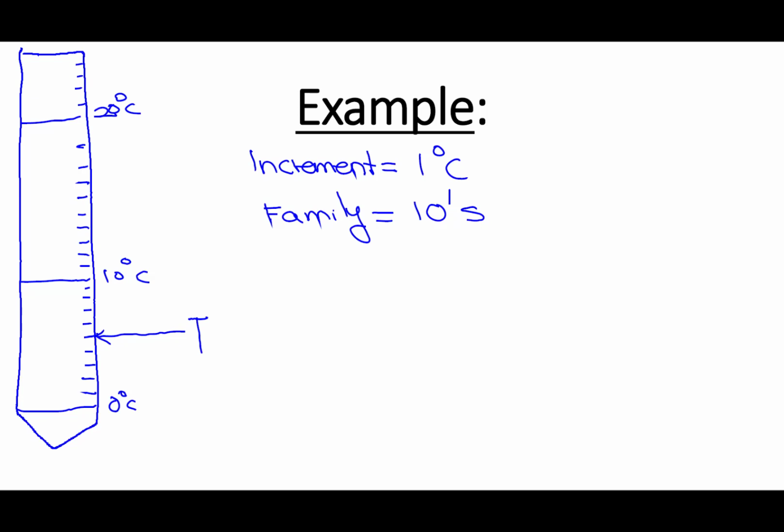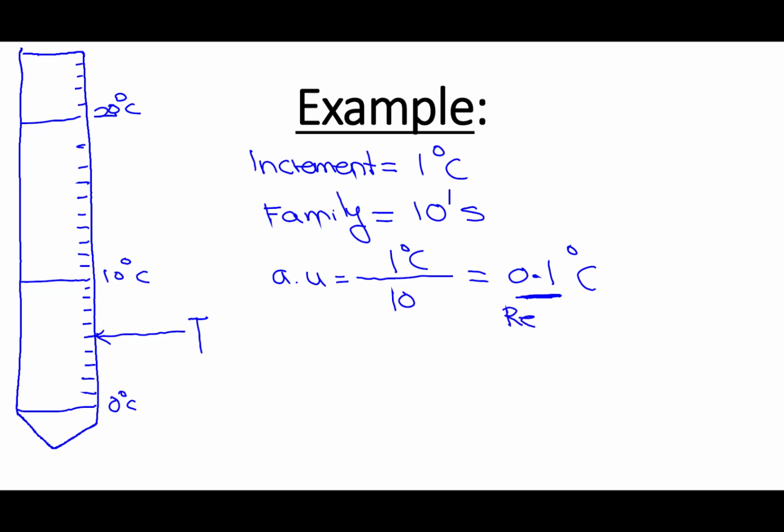Once you know the increments and the family, you calculate the absolute uncertainty, which is going to be increments divided by family, and that will be 0.1 degrees Celsius. Now here, the absolute uncertainty is 0.1. What does that mean?